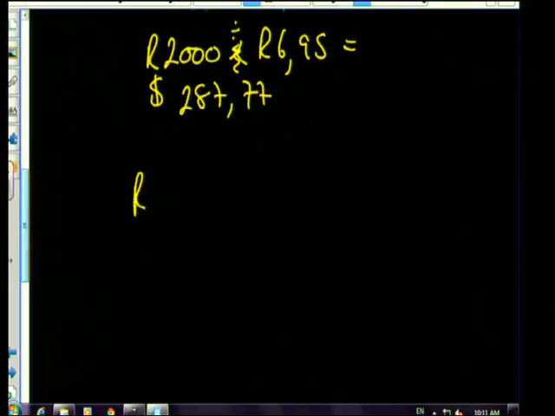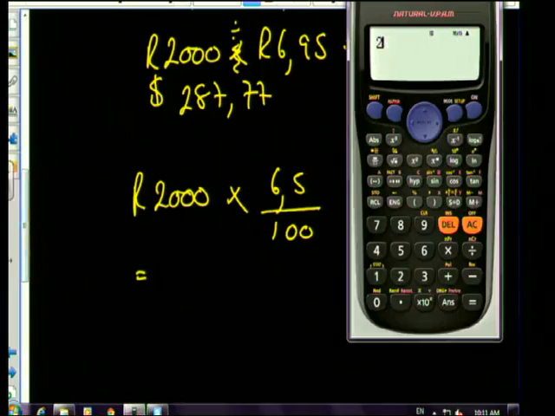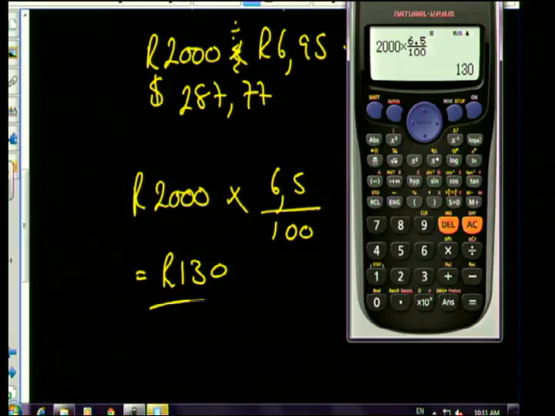So I say, right, 2,000 Rand multiplied by 6.5%, or 6.5 over 100, and I get an answer of 130 Rand. So the exchange people are going to say, not only do you give us 2,000 Rand, but you've got to give us another 130 Rand because we're charging you costs for exchanging this money for us.